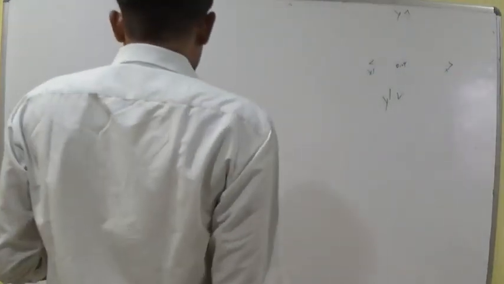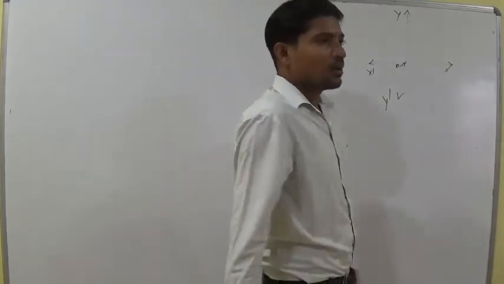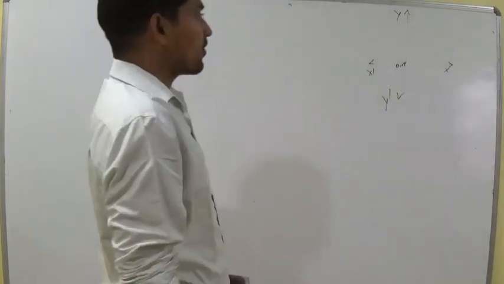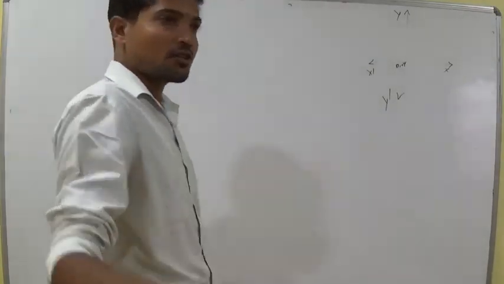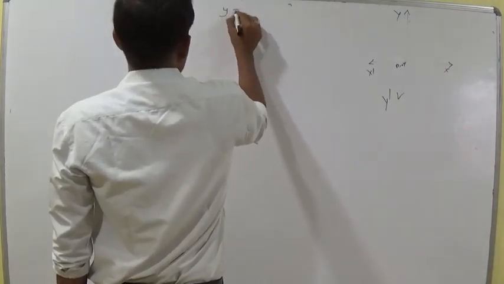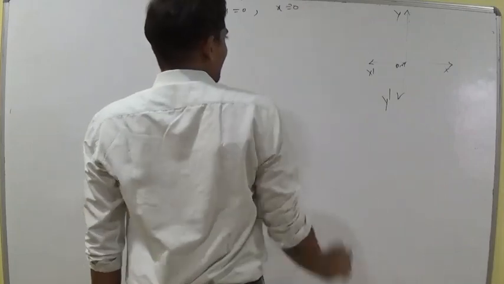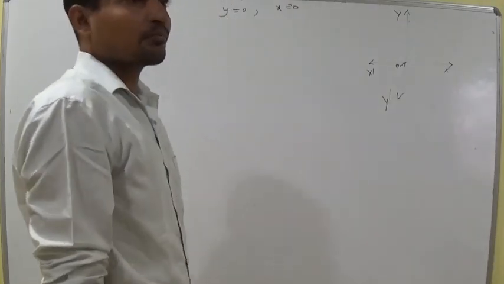See, the equation of the x-axis is y equal to 0 and the equation of the y-axis is x equal to 0. So x-axis y is equal to 0, y-axis x is equal to 0.